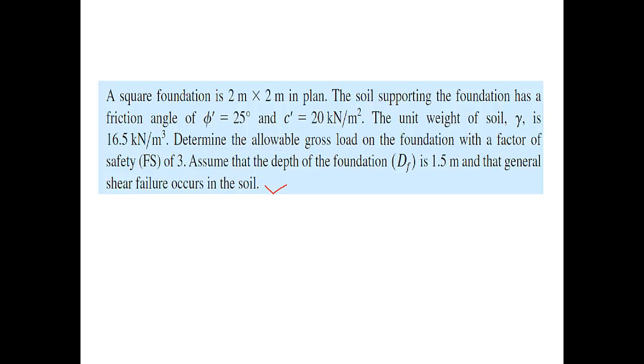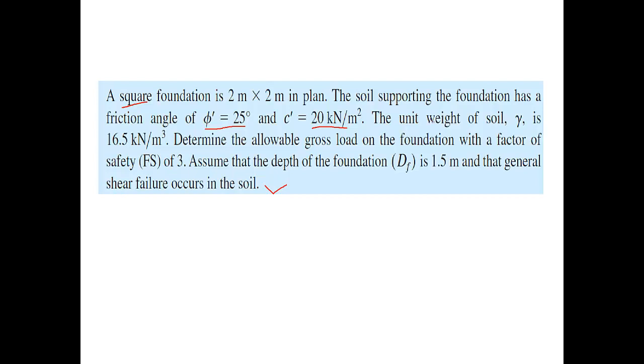So one piece of information is that the foundation type is square. The soil supporting the foundation has a frictional angle of 25 degrees, and C prime, what is C prime? Cohesion stress, right? So that means this is a cohesive soil.